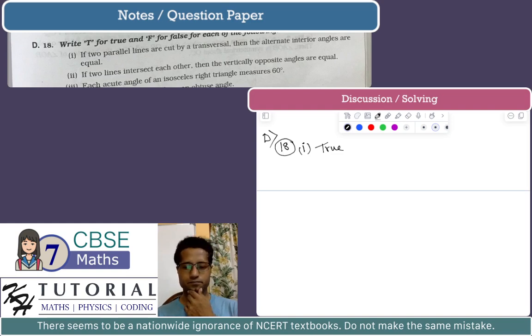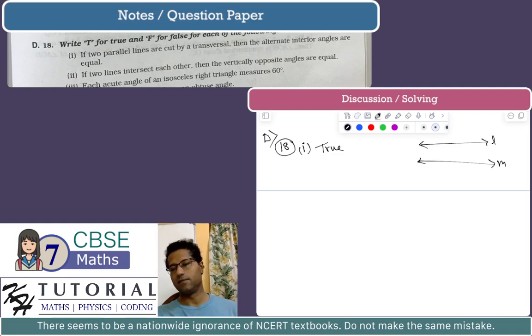Now, in this context, I would like to tell you what a transversal is. A transversal is a straight line that intersects at least two other straight lines at two distinct points. Let's say we have two straight lines, L and M, and L and M need not be parallel. Please remember this point very carefully.